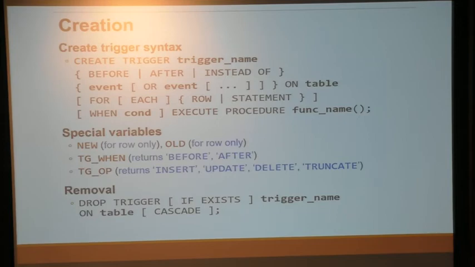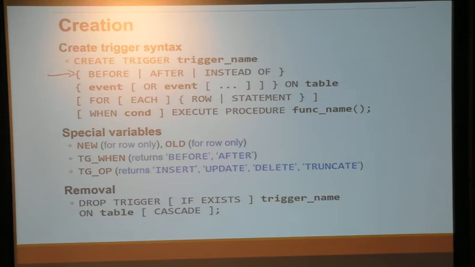When you create a trigger, you can specify when the trigger executes. You can execute before the operations. It can be executed before whatever operation you're thinking of, it can be after, or it can actually replace whatever operations you're thinking of completely.